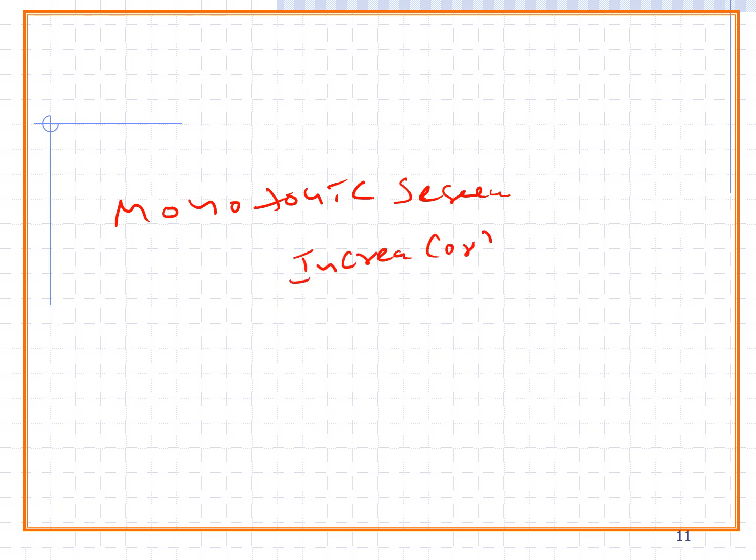The next important definition is monotonic sequence. Monotonic sequence means the given sequence is either increasing or decreasing. That type of sequence is called a monotonic sequence. For example, S1, S2, S3, and so on, Sn, Sn plus 1.